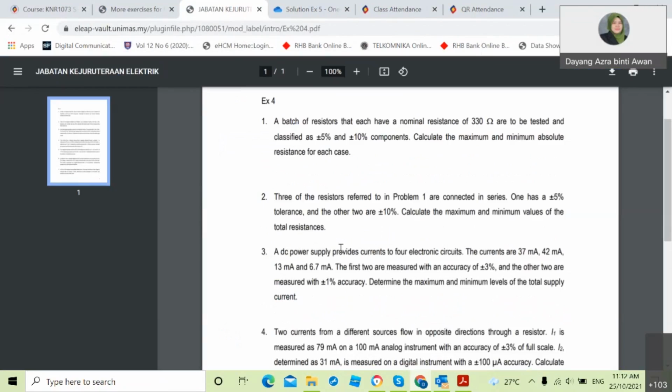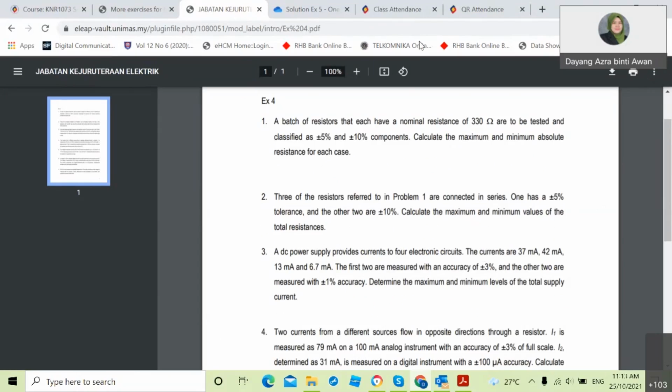So previously I gave you all the exercise for number 3, but I cut it into a smaller one.